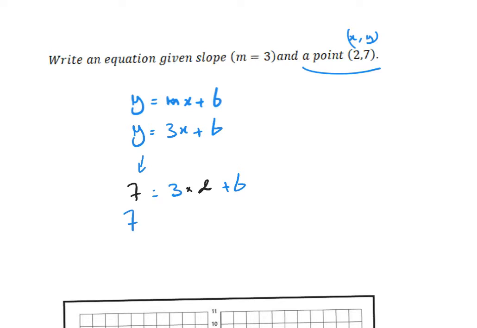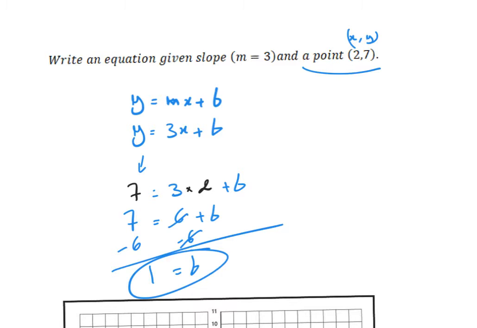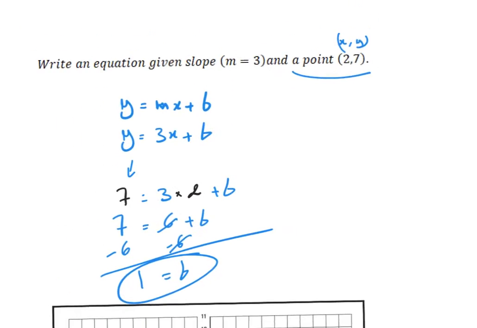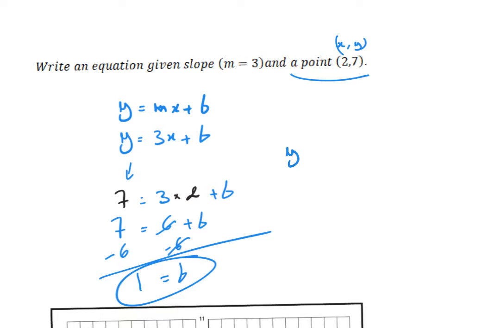So it's going to be 7 equals 3 times 2, which is 6, plus b, and we're going to subtract 6 on both sides, and we get b equals 1. So the equation of the line will be y equals 3x plus 1.